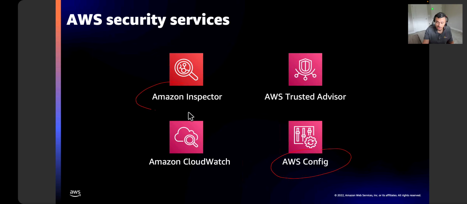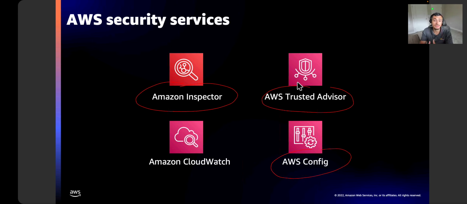So it's a configuration management service. We have Amazon Inspector, which allows you to run security assessments across your EC2 instances, and it generates a list of vulnerabilities that it finds, right? I would read the FAQ page on Inspector to learn more about it. Trusted Advisor is a service that runs a set of automated checks to make sure that you're following AWS best practices.